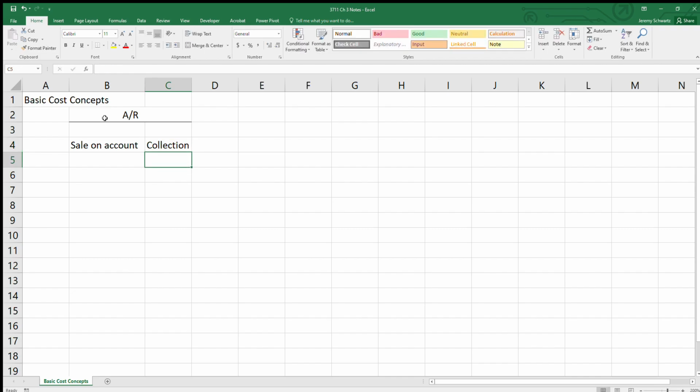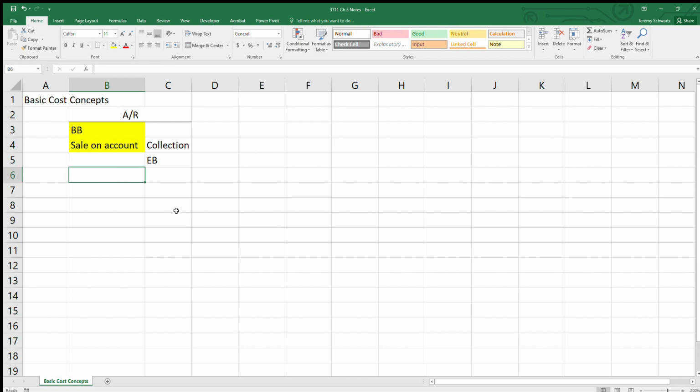And so basically, this is what we'd be discussing here. Typically we'd have some sort of beginning balance and then some sort of ending balance. And so then if we were to add these two cells here, this is what we would have.